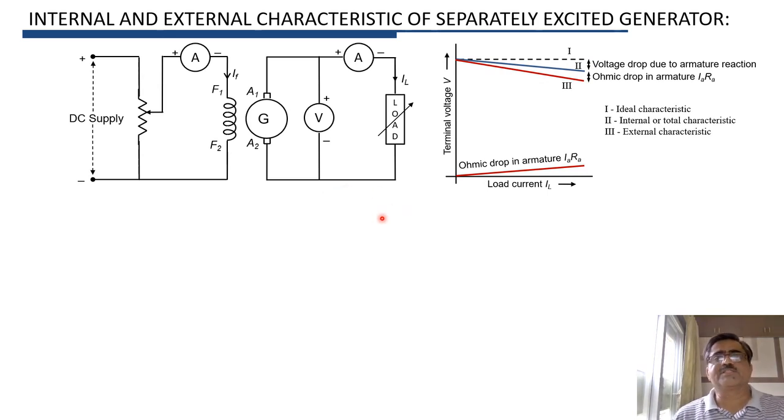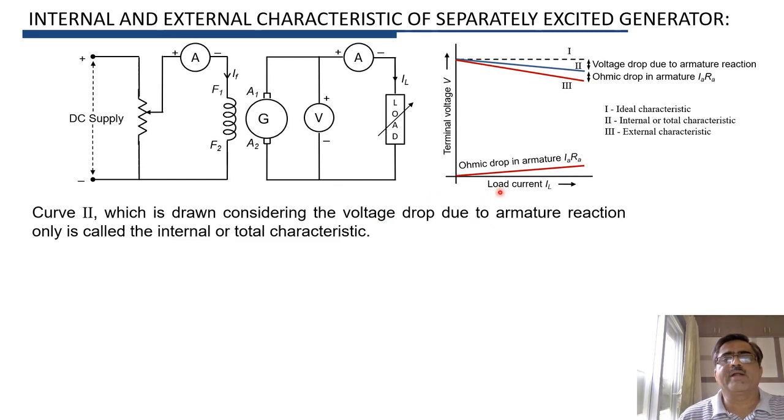Now in this case, the load current IL and armature current IA both are same. So this characteristic curve 2 is the curve between EMF E and armature current IA, which is nothing but the internal characteristic of separately excited generator.